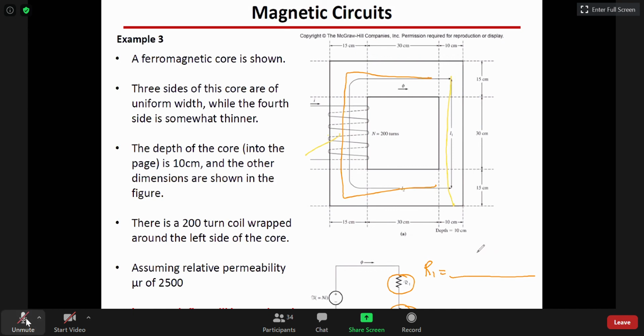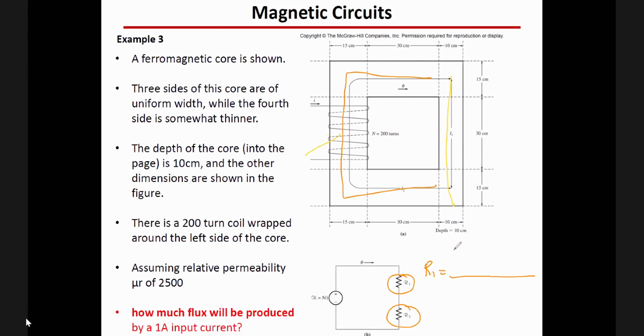So it's 55 plus 30 divided by 2, plus 60 plus 30 divided by 2, plus 55 plus 30 divided by 2. We find the average length of this plus this, divided by mu, divided by 15 by 10 by 10 to the power minus 4.